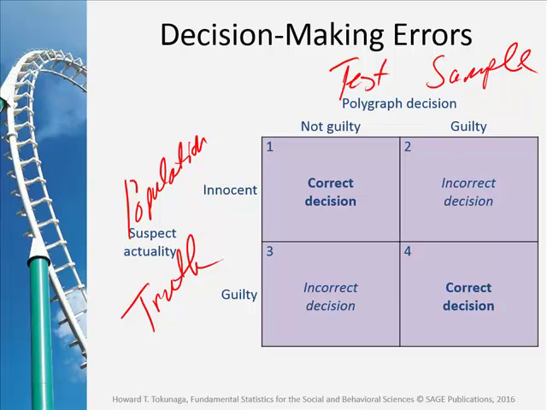If you're not truly guilty, and the polygraph says you were innocent, that you did not commit the crime, that is also a correct decision. But if the polygraph says you're not guilty, but in reality you were, so you defeated the polygraph, that's another form of error. So we have two ways in which you could get it right, and two ways in which you could get it wrong.